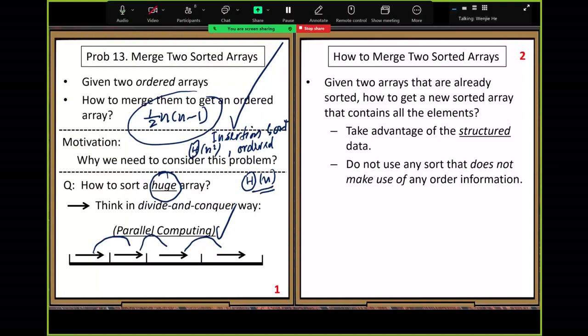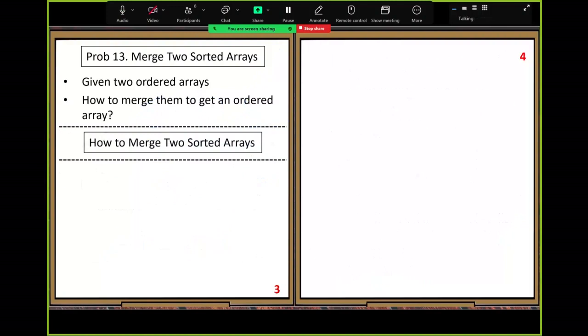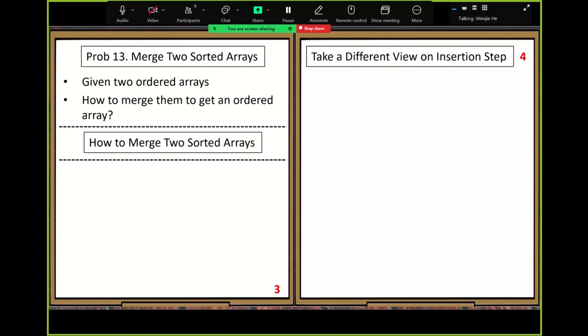So let's take a look at the insertion. Here we plan to use insertion sort, because there is a nice property there. Now let me use a simple diagram.